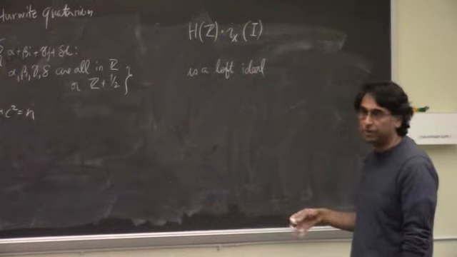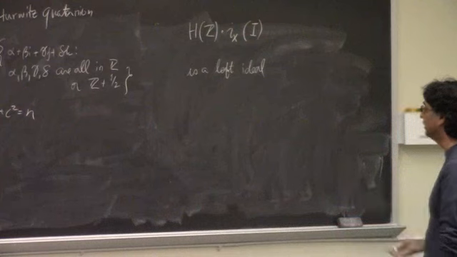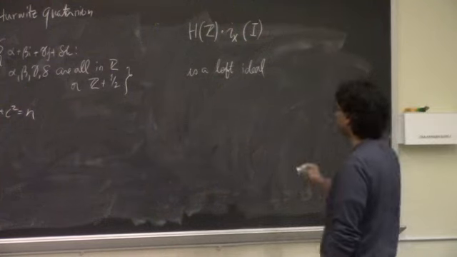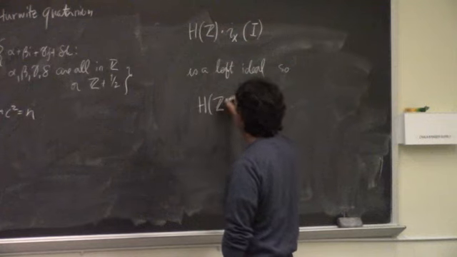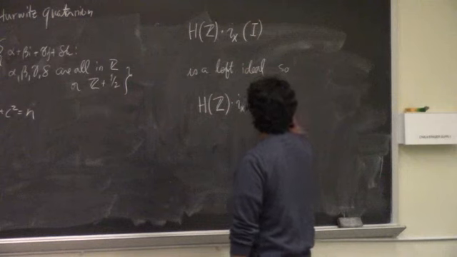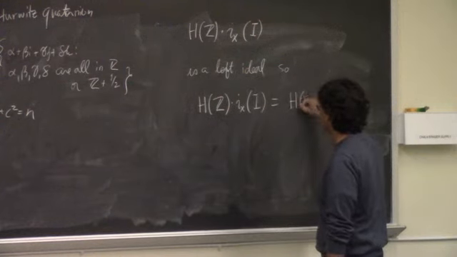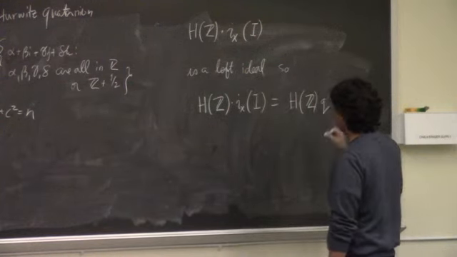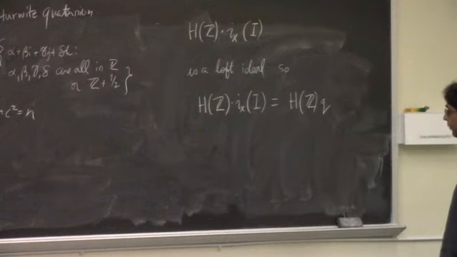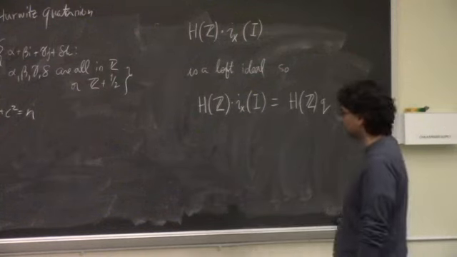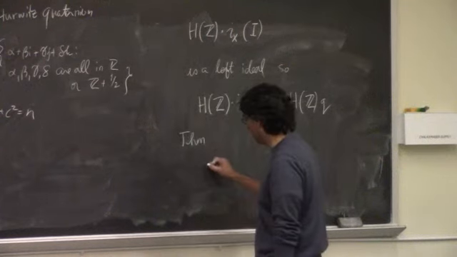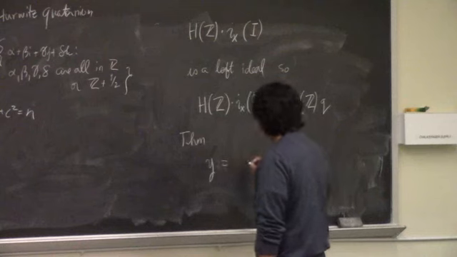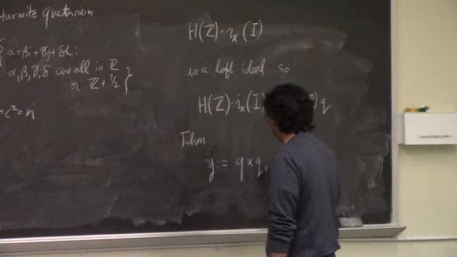It's non-commutative, but all left ideals are left principal. So this is equal to H times q for some quaternion q. And then finally, let's define y to be q x q inverse.